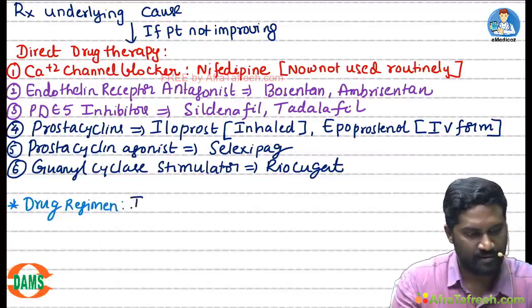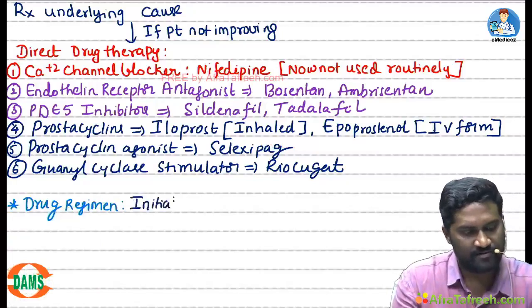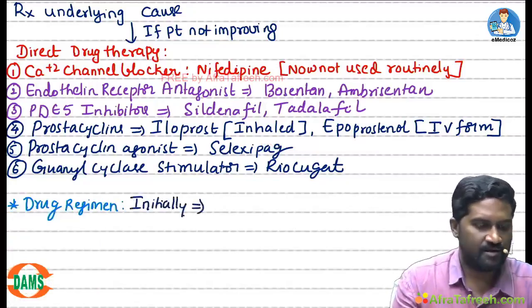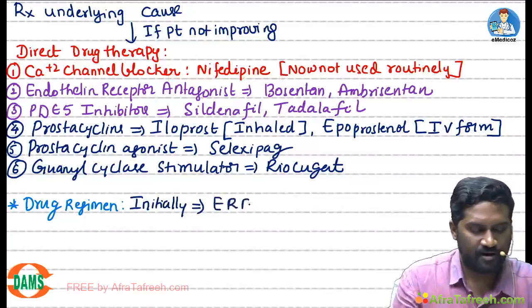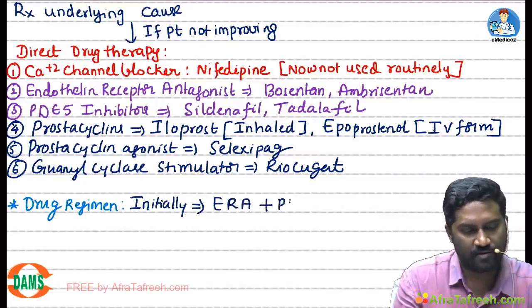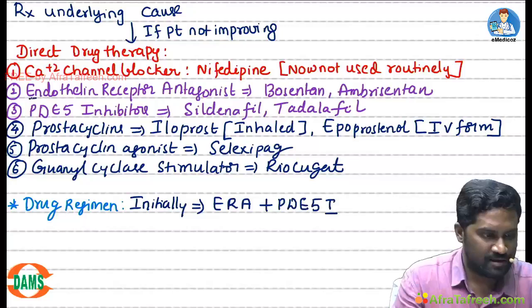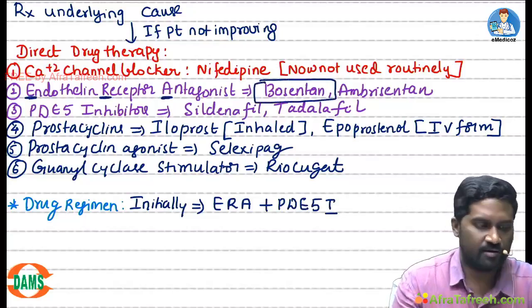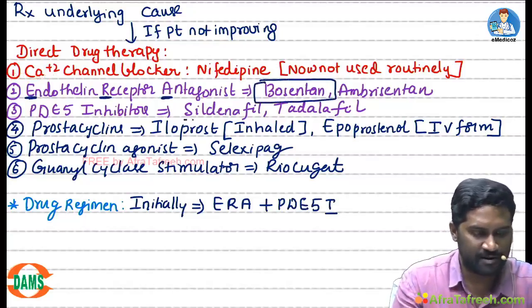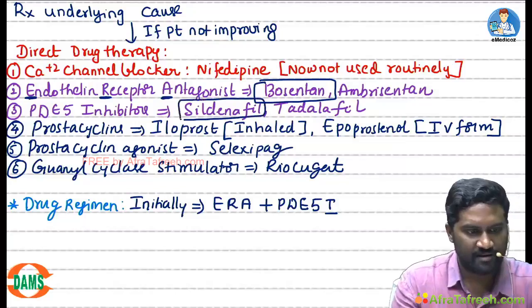Initially, when the patient reaches us, we nowadays start with a combination of an endothelin receptor antagonist with a PDE5 inhibitor. ERA means endothelin receptor antagonist such as bosentan, along with a PDE5 inhibitor such as sildenafil.